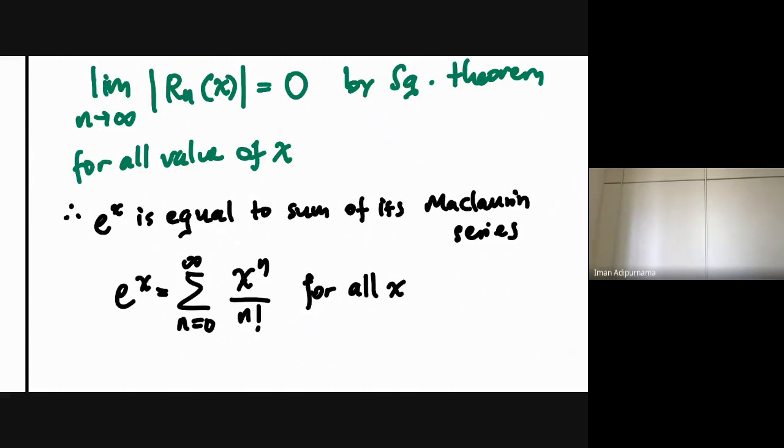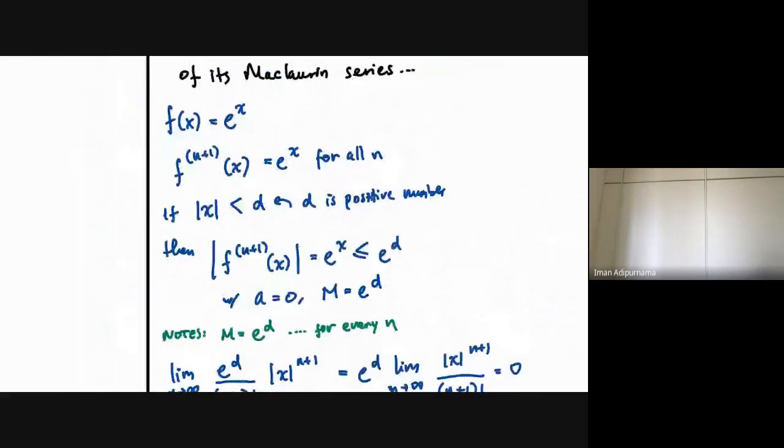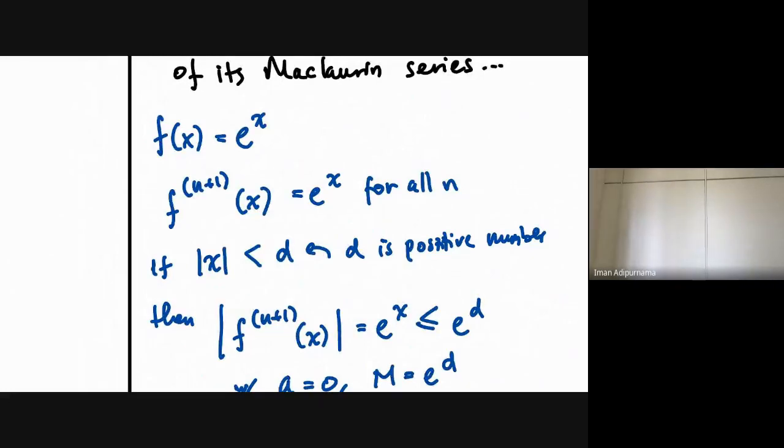So if we want to look at Taylor's inequality, we need to consider the remainder that might come up. Since e to the x works as e to the x for every derivative, and if we have the assumption that x is always less than or equal to some positive number d, then our function in absolute value will always be less than e to the d.